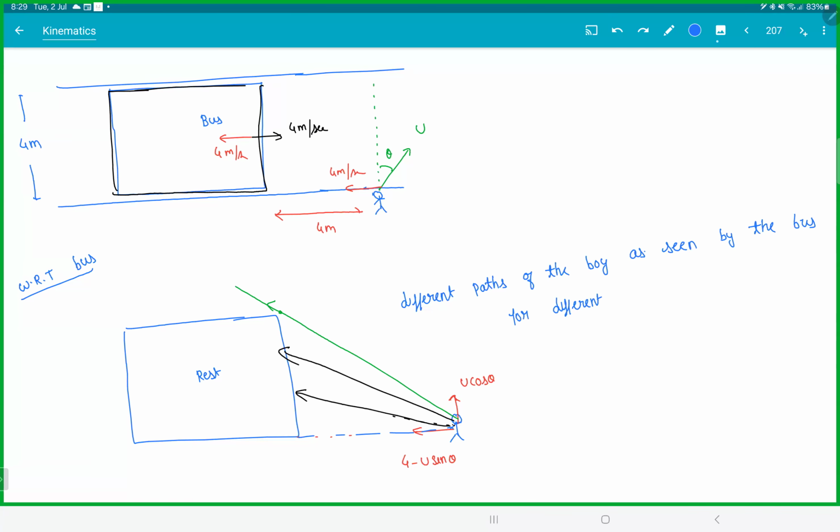So the green color one, this is the path where he just avoids collision. So that is your minimum speed. Means when he goes with the minimum speed, he will just graze the bus's edge. So this should give you your u minimum. Is the diagram clear, everyone?